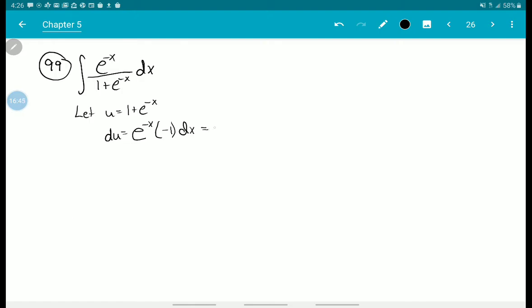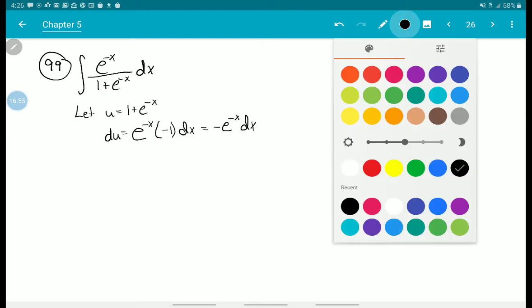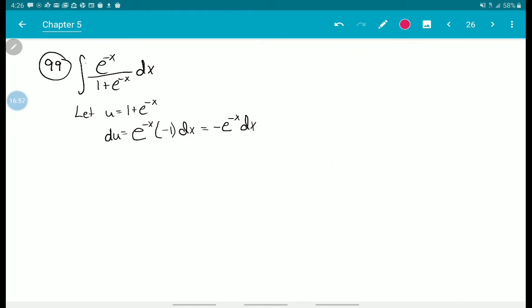So that would be negative e to the negative x dx. So you can see how we're missing a negative 1 in front of this guy. We can multiply a negative 1 in as long as we compensate with a negative 1 outside the problem. So now we have all of our du, and then we have u in the denominator.